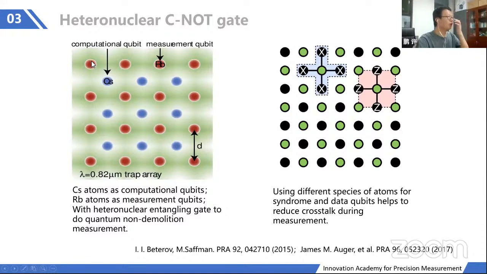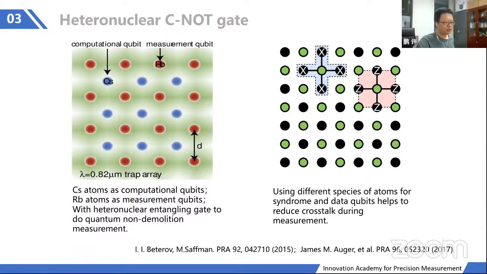When we have all the atoms placed nearby, it is very difficult to manipulate one atom without affecting the nearby one, because the two atoms are very close.